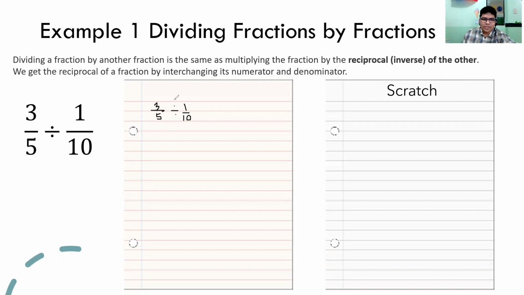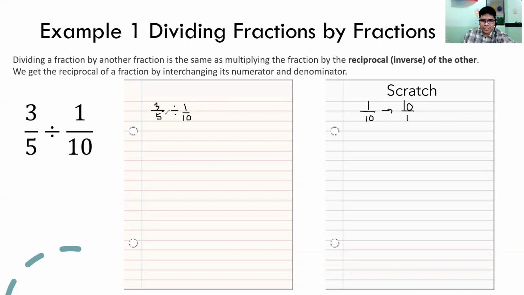All right, so the first step in order to answer this one is to get the reciprocal or the inverse of the second one. So 1/10, I'll just put here in our scratch, 1/10, when you get the reciprocal of that, that will be 10/1. You just reverse it.